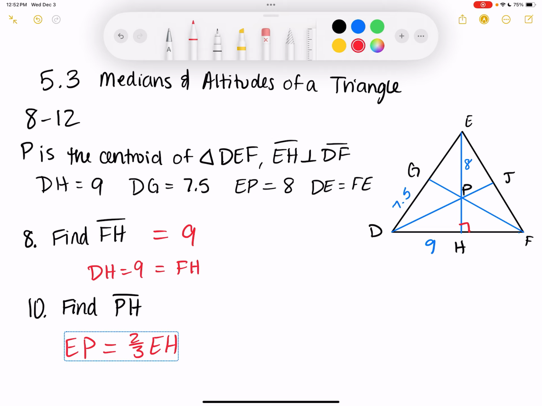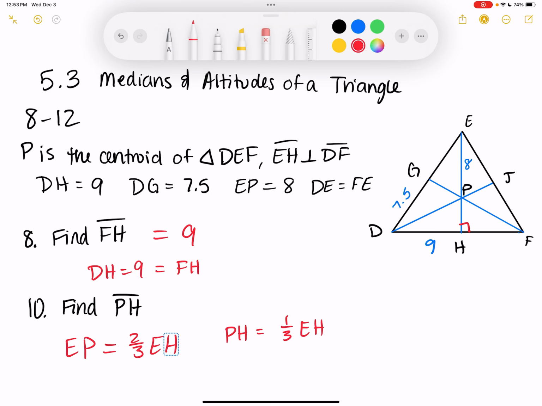Okay? So if this is 2/3 of EH, then that means that this has to be 1/3 of EH. So that means that then PH is 1/3 of EH.